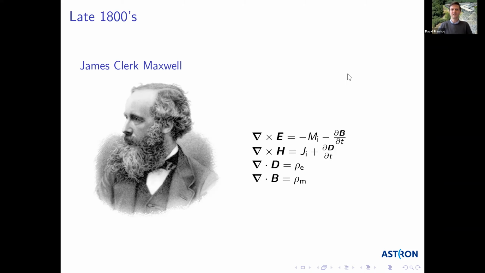And this was in the late 1800s, 1865 to be correct. Maxwell published these equations, and the power of them is that these four equations describe and relate the electric and magnetic fields, and electric and magnetic currents. Magnetic currents are not quite a physical quantity, but it helps to have them defined with one another, and the equations relate them at any point in space and any point in time.